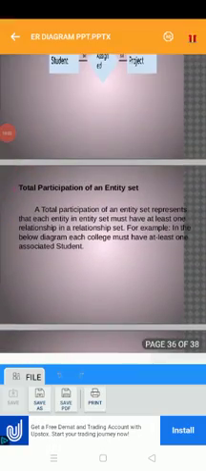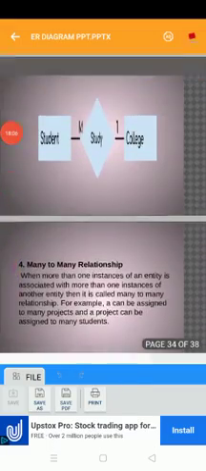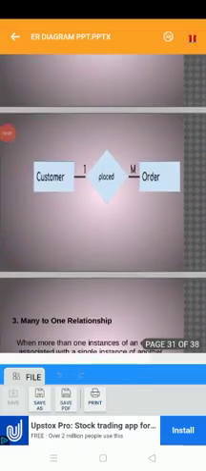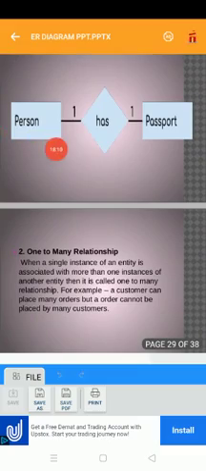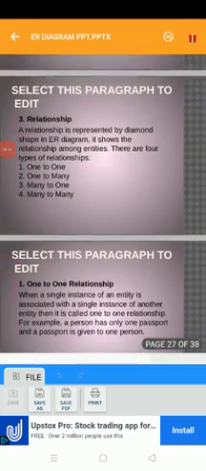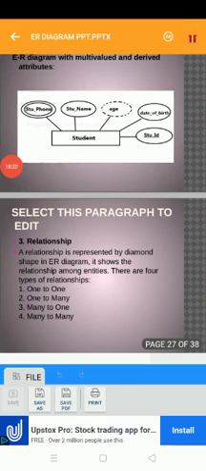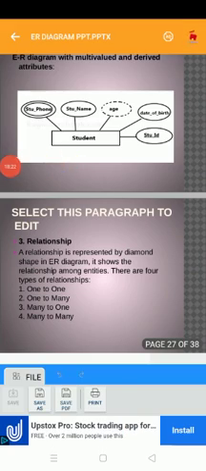This is briefly about the ER diagram. In this lesson we learn about entity, relationships, attributes. In entity there are two types of entities: strong entity and weak entity. Next, attributes.